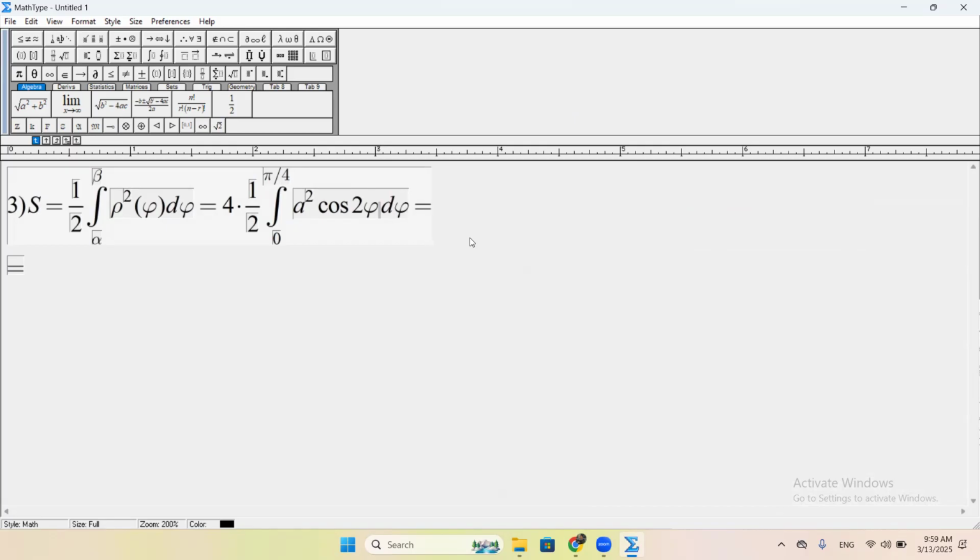So 2a square, even 1 because we will divide it, and sine of 2 phi with substitutions from 0 to p over 4. So it will be a square. And that's the area of the Lemniscate. Any questions about this exercise?